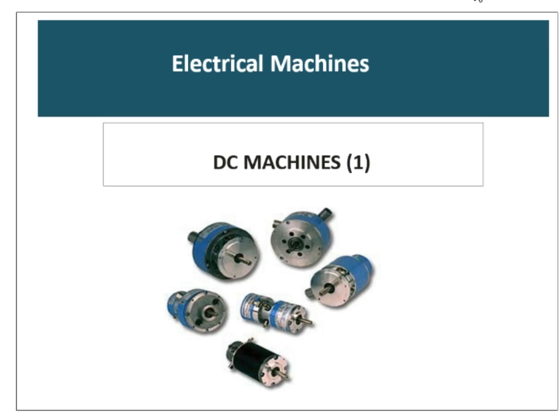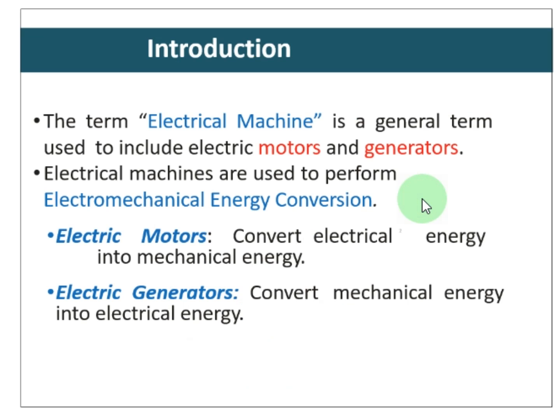In this session, I want to start a new topic that is about DC machines. The term electrical machine is a general term used to include electrical motors and generators, as we have discussed so far.